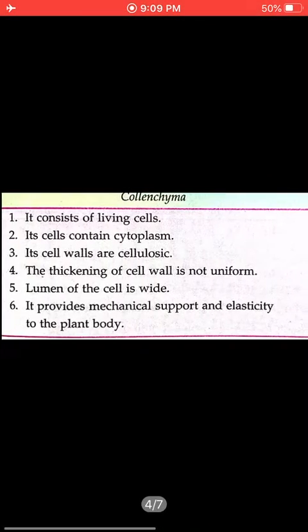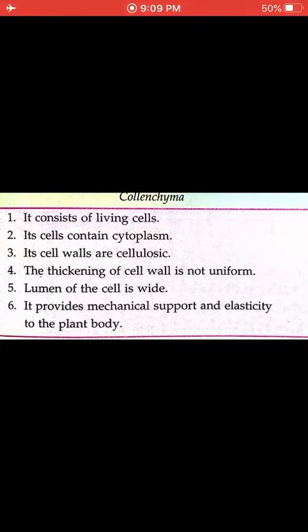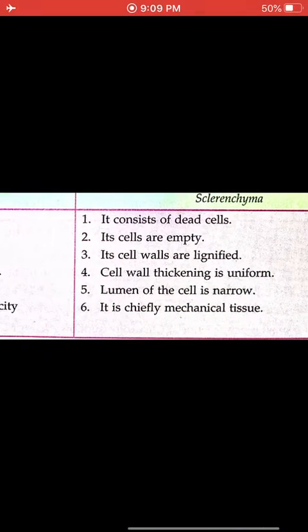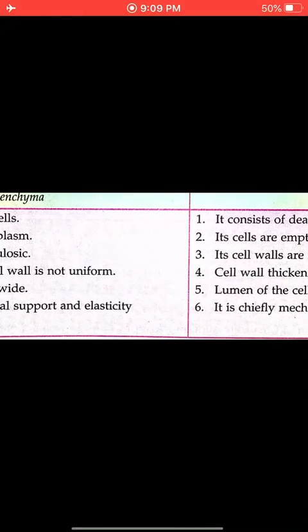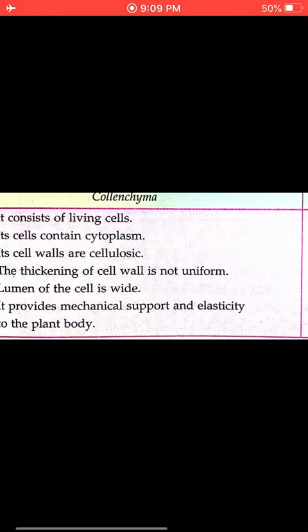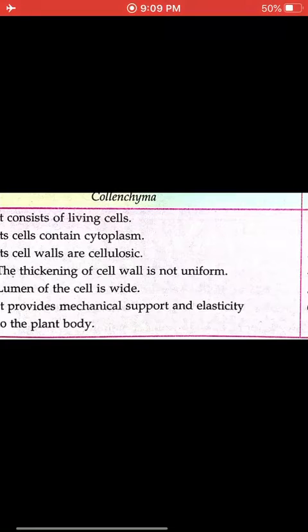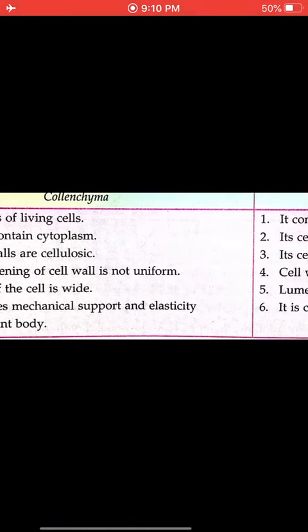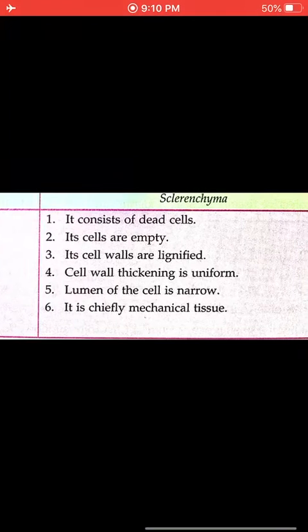In collenchyma the thickening of the cell wall is not uniform, means not symmetrical, but in sclerenchyma the thickness is uniform, equivalent everywhere. The lumen of the cell is wide in collenchyma, while in sclerenchyma it is narrower. Collenchyma provides mechanical support and elasticity to the plant, while the chief purpose of sclerenchyma is to provide mechanical support. So this is the difference between collenchyma and sclerenchyma.